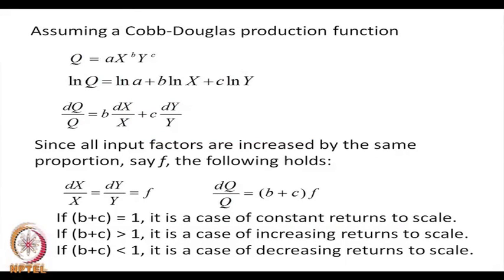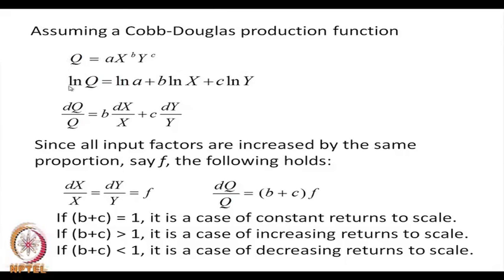This we now illustrate with the help of the Cobb-Douglas production function. Recall that the Cobb-Douglas production function is a power function. Q equals A into x to the power b into y to the power c.